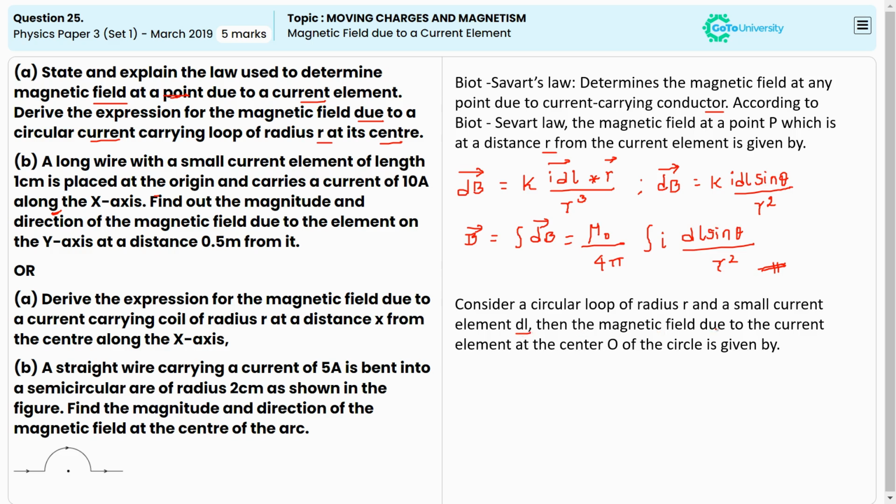Then the magnetic field due to the current element at the center O of the circle is given by dB vector is equal to K times I dl cross r divided by r cube.